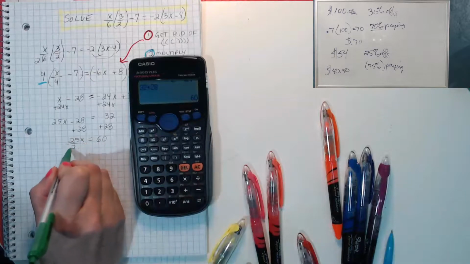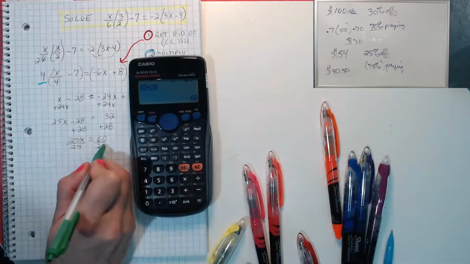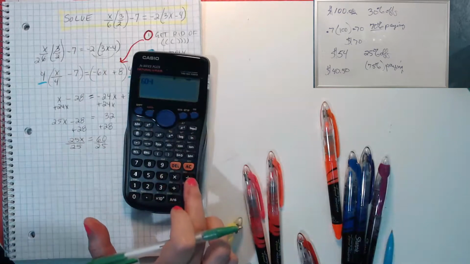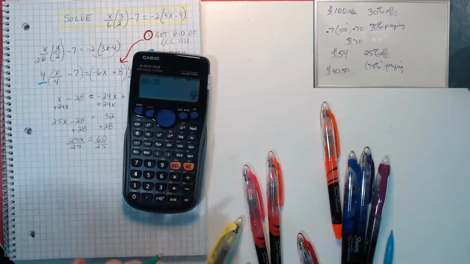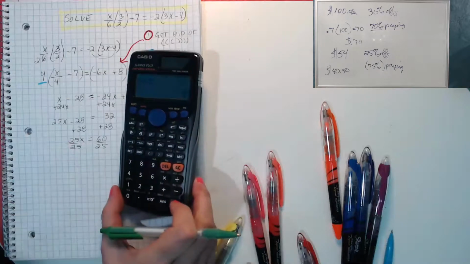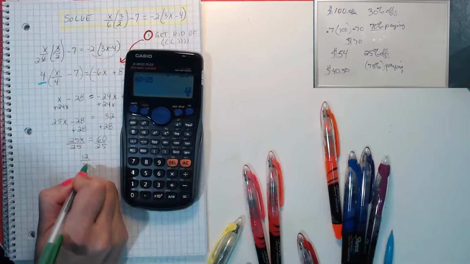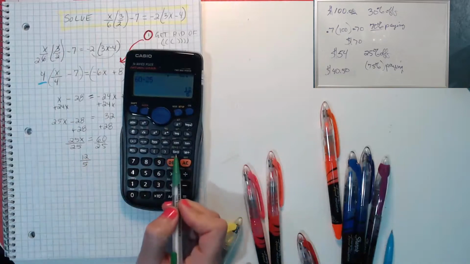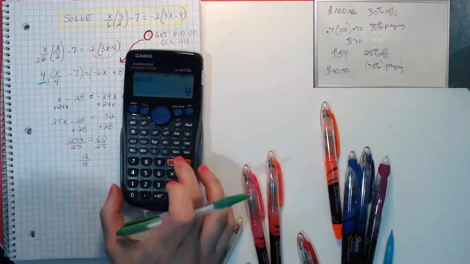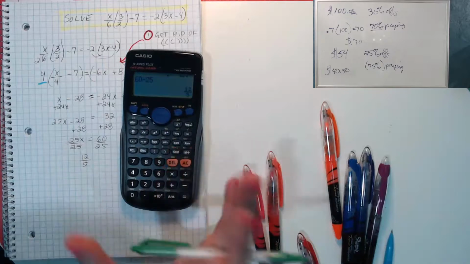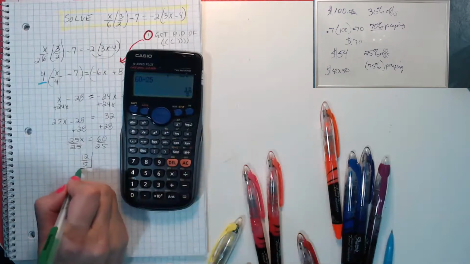To get x alone, divide both sides by 25. 60 divided by 25 equals 12/5. Now the thing I like about this calculator, I love this little button right here, SD. You can toggle back and forth in case your answer on your test is a decimal or a fraction. You can keep hitting it back and forth depending on what you need. And it's 12/5.